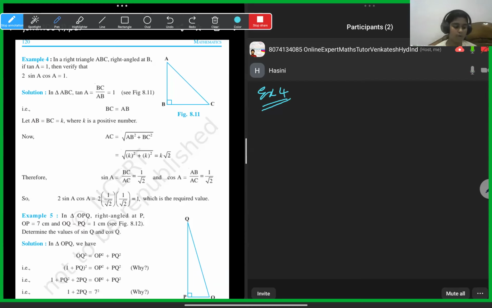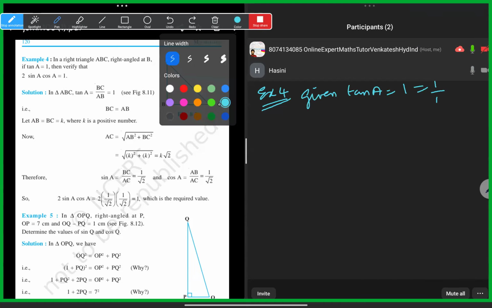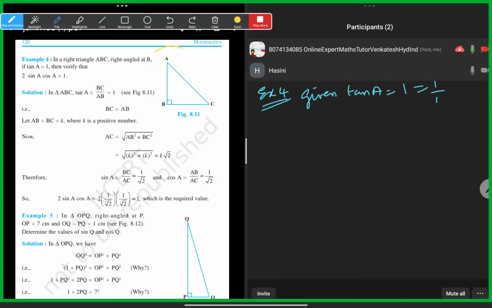And they said that tan A is equal to 1. So tan A is equal to 1 means I can write 1 as 1 by 1. Now in this triangle, if I draw a figure, tan angle A is opposite side by adjacent side.